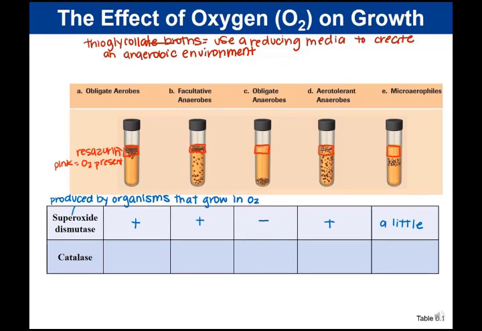So they have just a little bit of SOD present, which is why they can grow where O2 is present, and they actually even use O2. But they can't grow where oxygen concentrations are high because too much of those reactive oxygen species would be toxic. They don't produce enough enzymes to be able to neutralize the full amount of oxygen in the atmosphere.